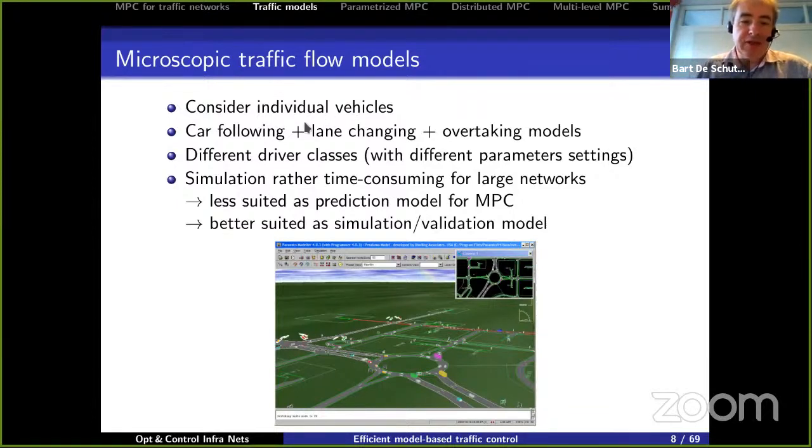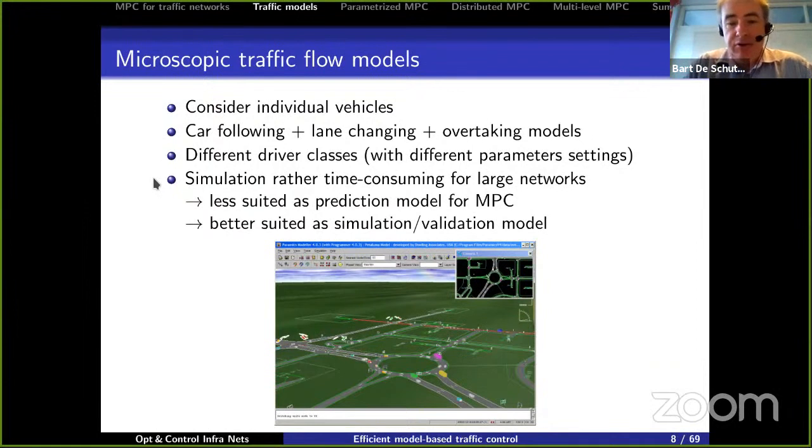There are also models that describe when we are going to change lanes, and finally, when we are going to overtake another car. Typically, these models also include different driver classes. That means we may have drivers that are patient or drivers that are aggressive, and they may have different parameter settings regarding the behavior for car following, lane changing, and overtaking.